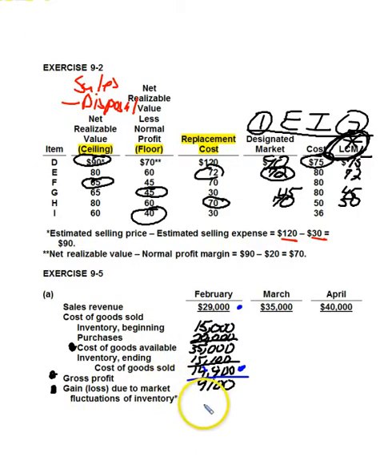That's going to go down under other expenses or other losses. And so we will see that $2,000 reported elsewhere down below. So gain or loss due to market fluctuations of inventory. And again, that's going to be under other items on the income statement.